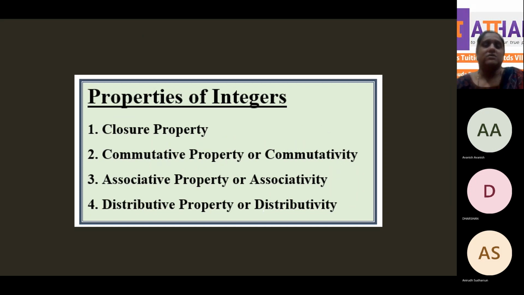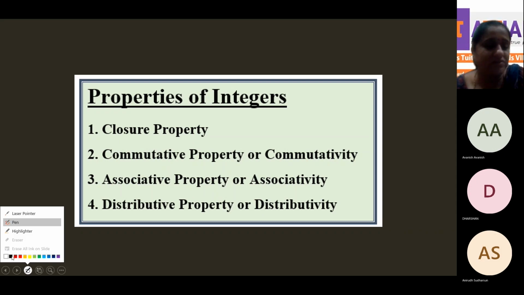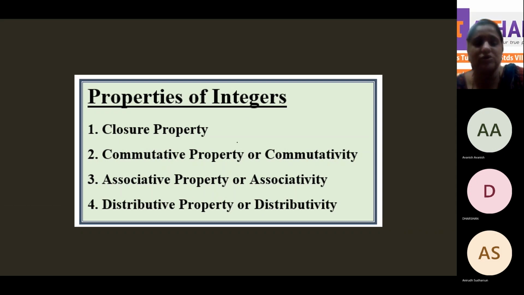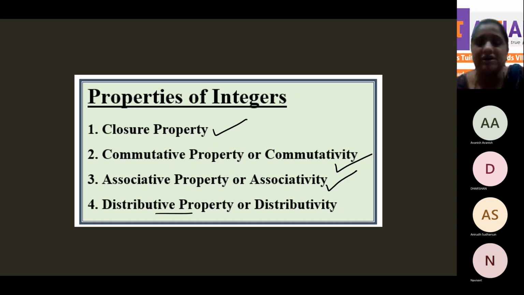All right. Next is about the properties of integers. Under properties of integers, we will be visiting the closure property of integers, the commutative property or commutativity, associative property or associativity, distributive property or distributivity.